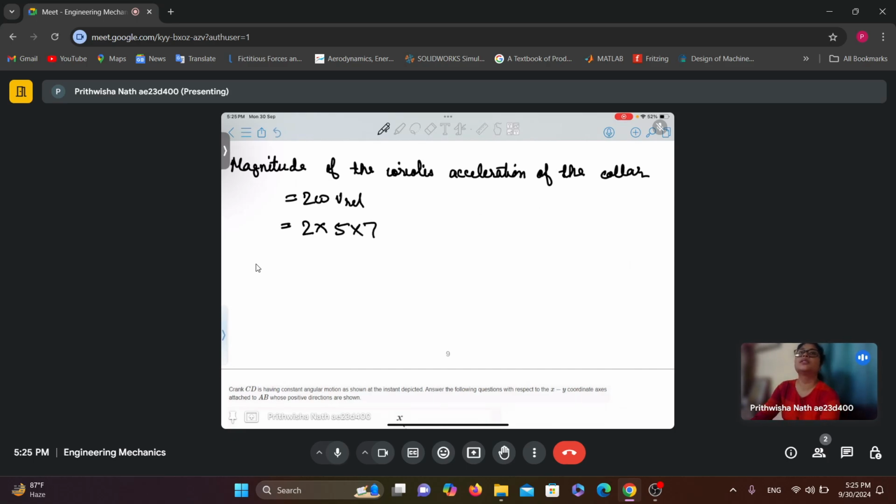So this becomes 70 meter per second square. So this is the answer to this part of the question.